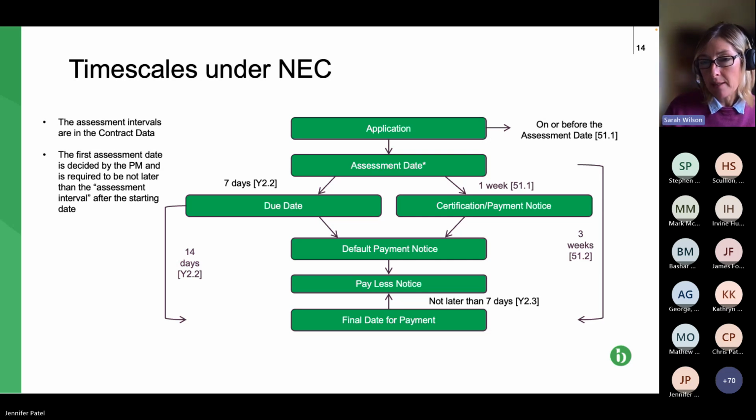We then have the assessment date. We know that's on the 30th for this purpose. And then the chart splays. So the left-hand side is the UK provisions. So they're the specific Housing Grants Act provisions in NEC.